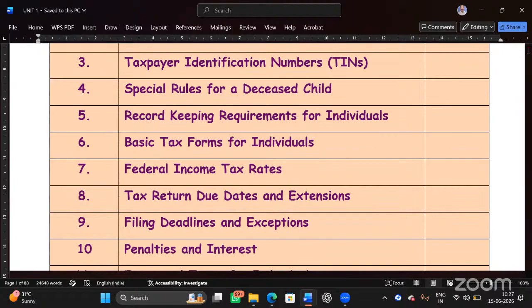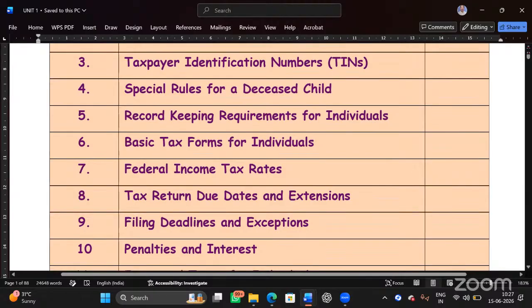The department has that power up to 3 years.